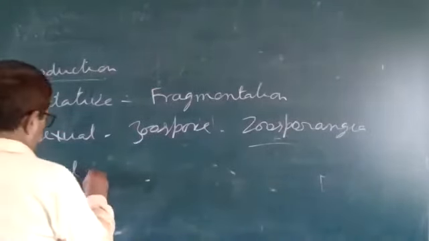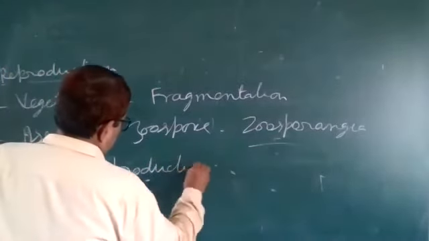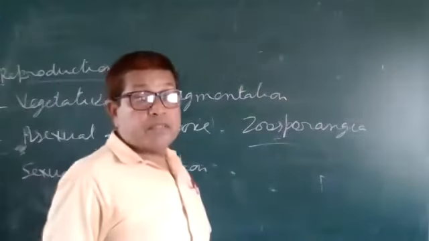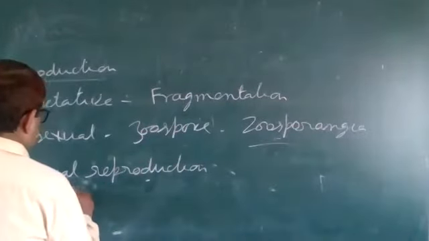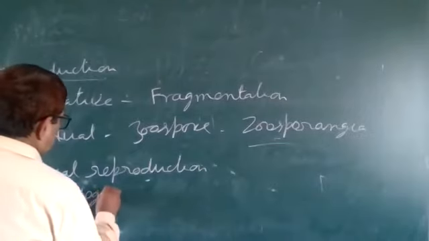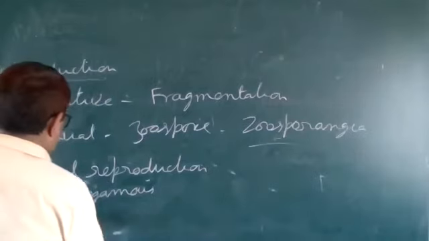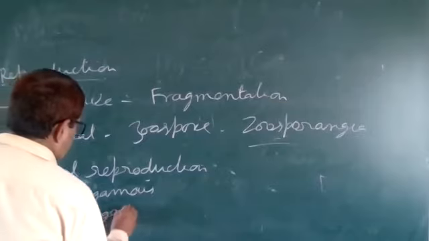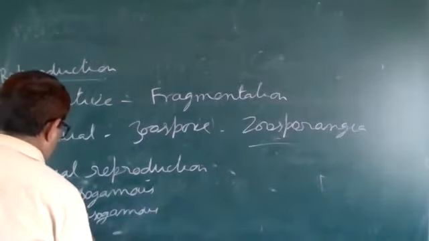And sexual reproduction is of three types: isogamous, anisogamous, and oogamous.